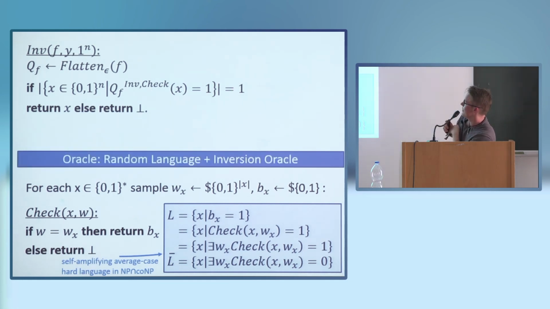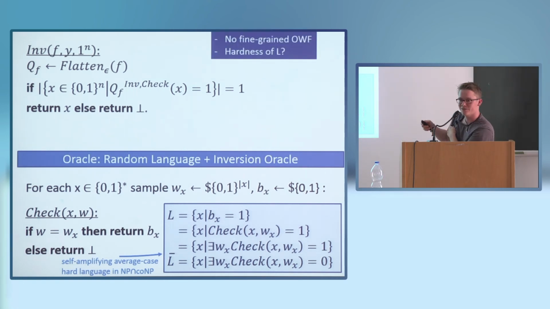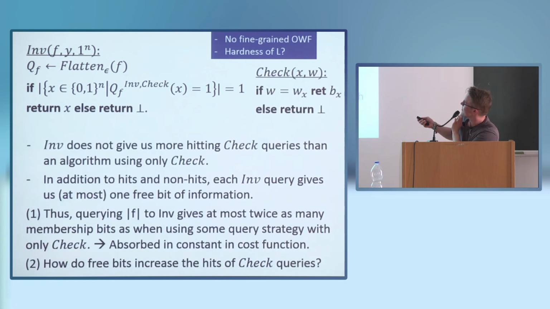Okay, so now I think I have minus 2 minutes to talk about the hardness of inverting L. So let me try to say the main points. Here we have our inversion oracle, and we have our check oracle, and we know there's no fine-grained one-way function relative to these oracles.